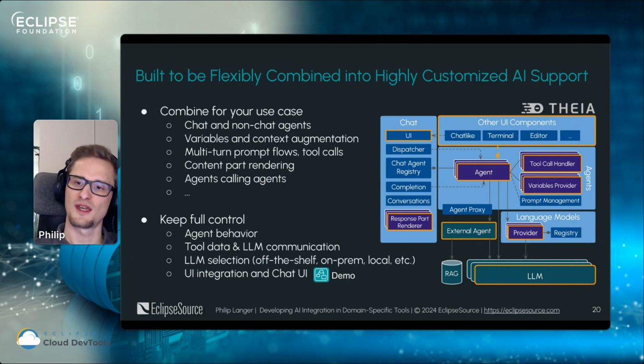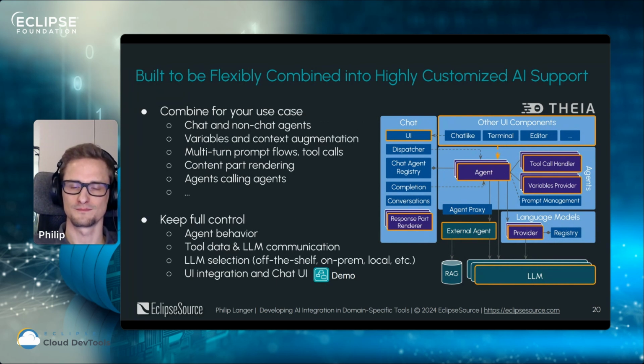And the third option is that an agent can also do arbitrary stuff directly to, for instance, communicate with an external agent or an external LLM directly. So you have with Theia AI all options, and that's very important also for our use cases and customers, because they very often have their own custom LLMs that they self-host in some way, and then of course they need to have the flexibility where and how to deploy them and how to integrate them.